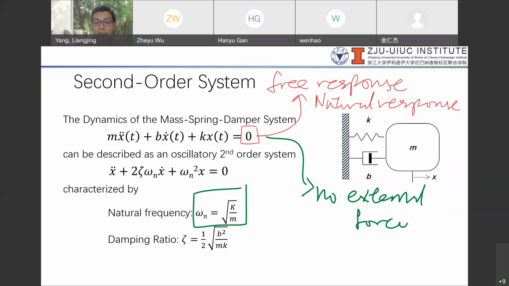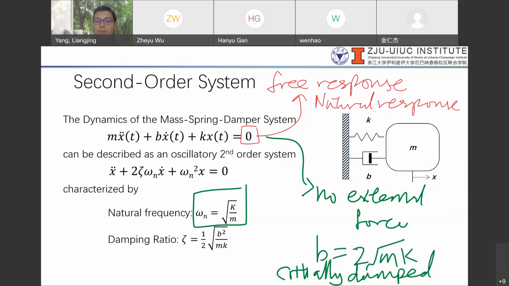And our damping ratio, if you still remember, just now when we said that our B is going to be equal to square root, that is when it is critically damped.